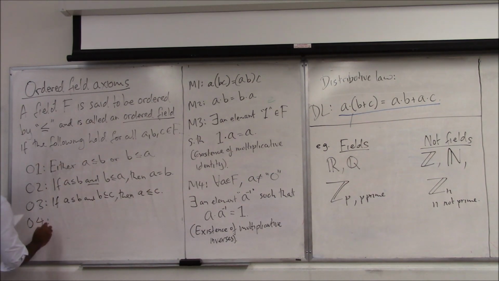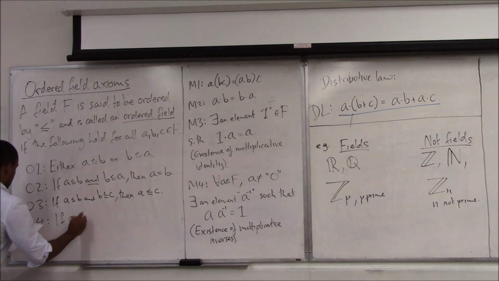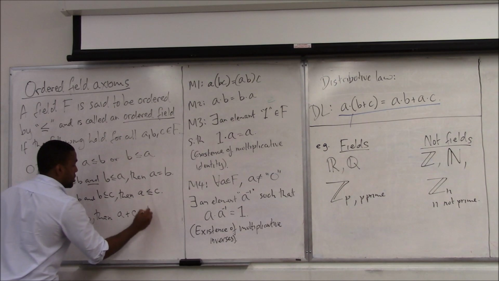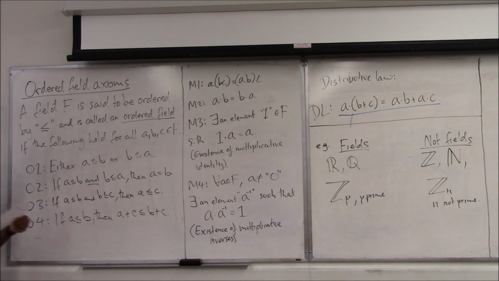O4. If A is less than or equal to B, then A plus C will be less than or equal to B plus C. Meaning I can add something to both sides and it will maintain its order. O5. I can also maintain its order by multiplying by something larger than 0.